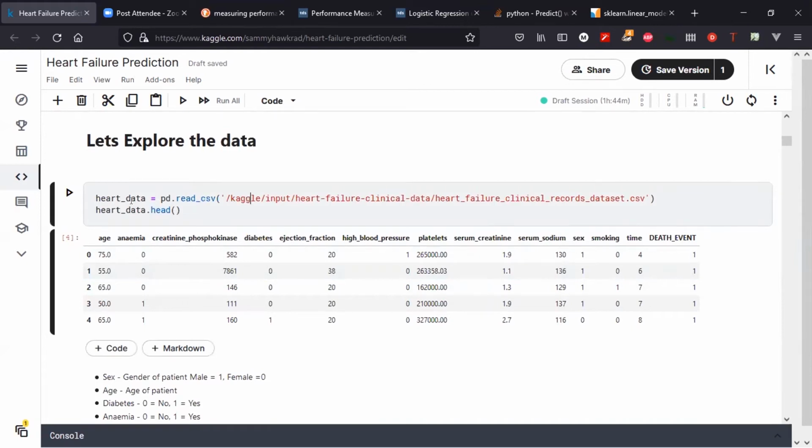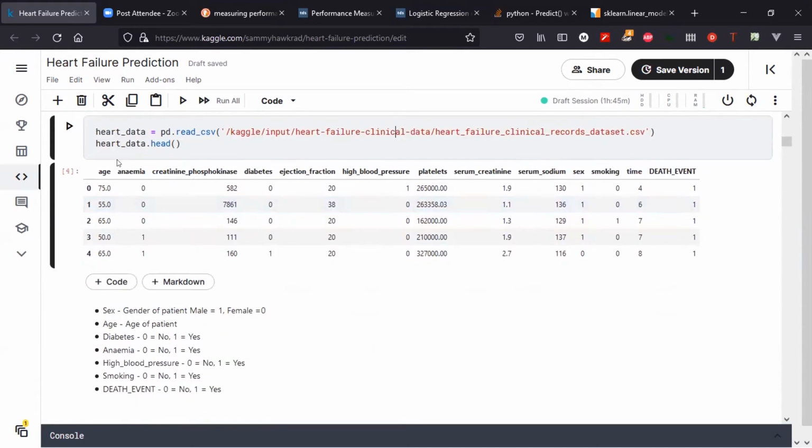We use a simple command, and we give the data a variable name, heart data, the name of our data and where it is located. So we start by looking at the kind of data that we have. You can see all the columns here, the age, anemia.